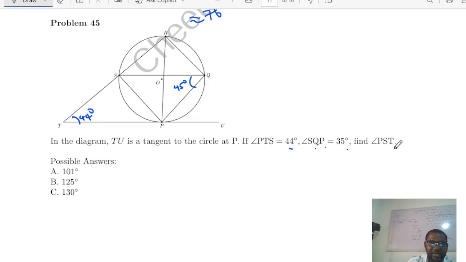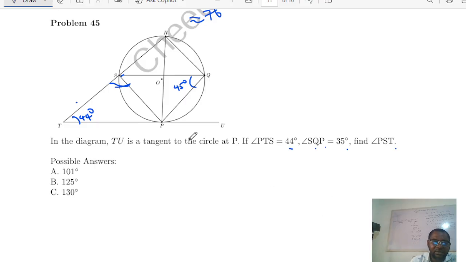Find angle PST, that means this angle here. It's a little difficult to say, but I think it is quite easy.